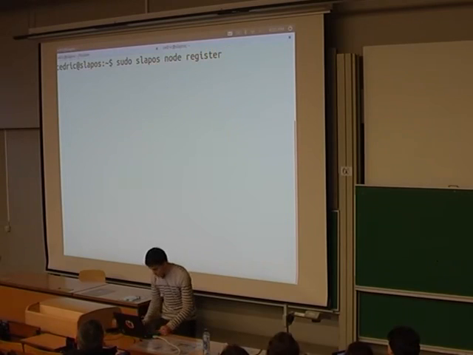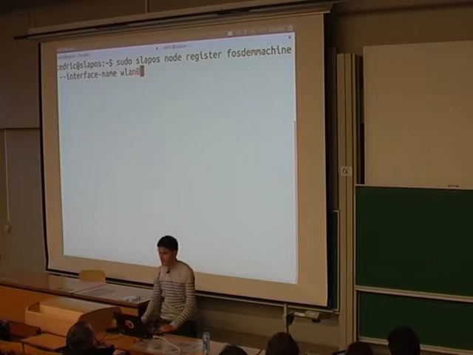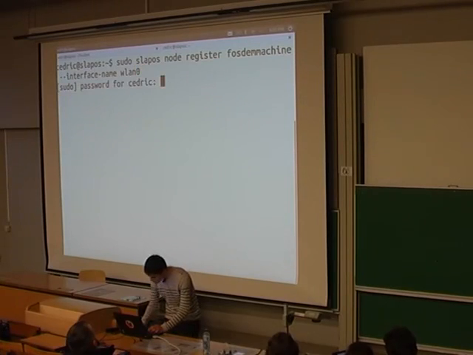I will name it FOSDEM machine. And I just need to say that the interface name here is Wi-Fi. It asks me my password.